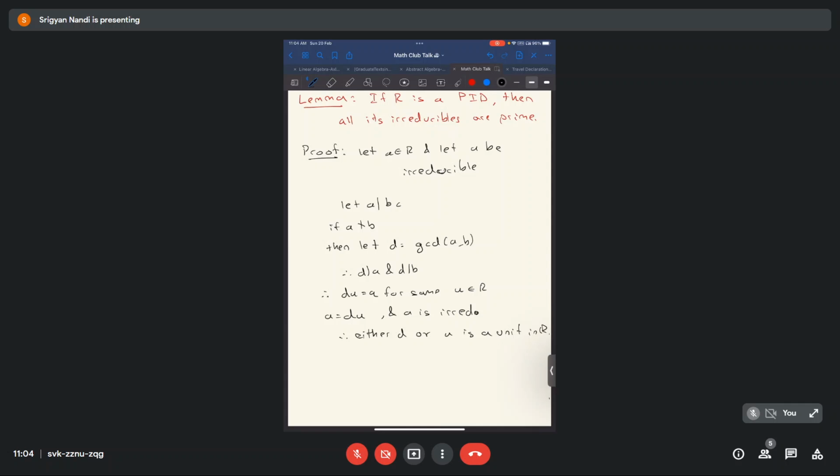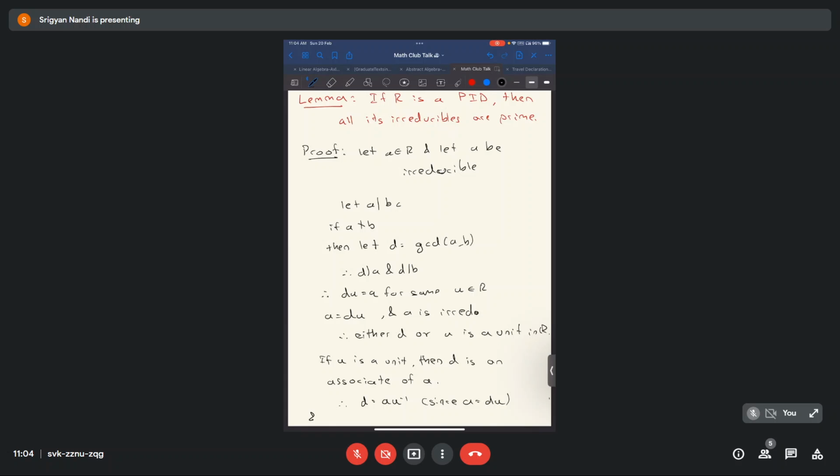So what does that imply? If u is a unit, then d is an associate of a, since a is basically d times the unit u. Therefore, d is basically a u inverse, since a is du.